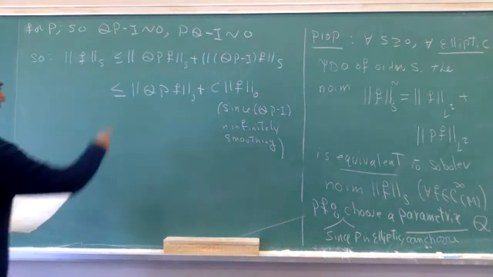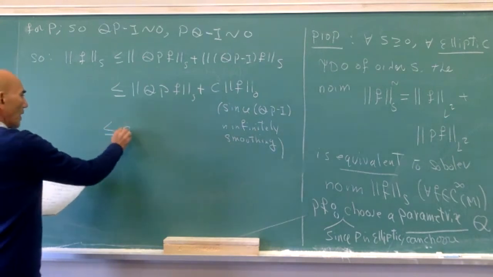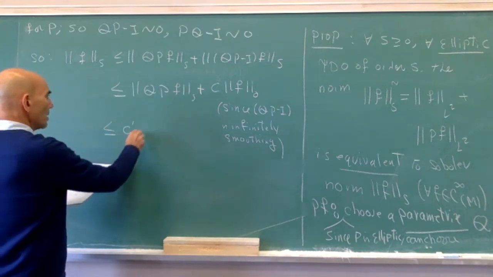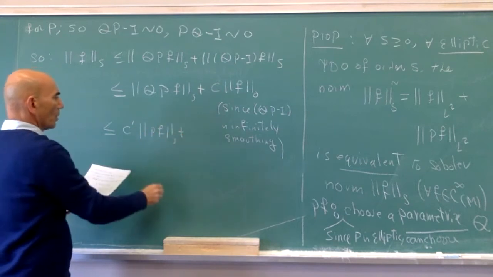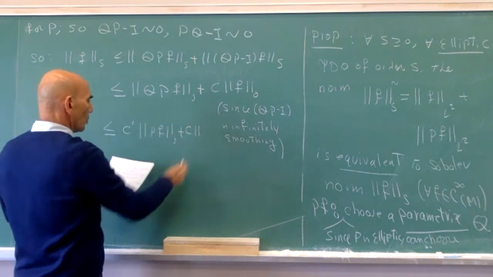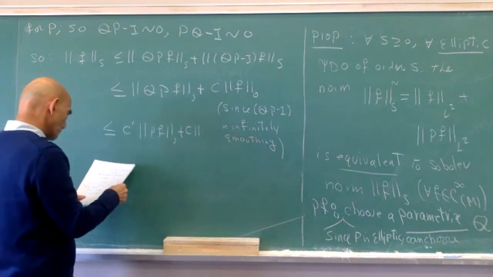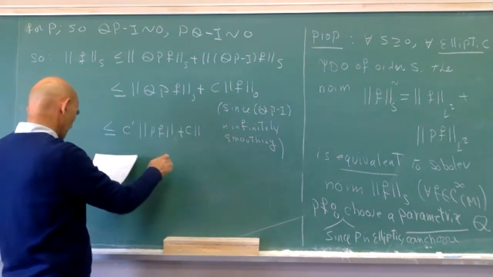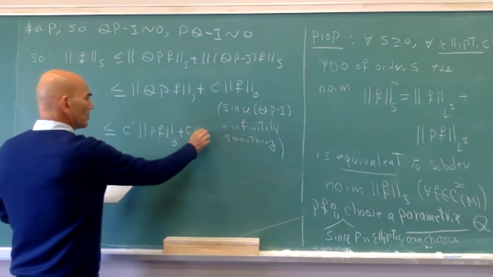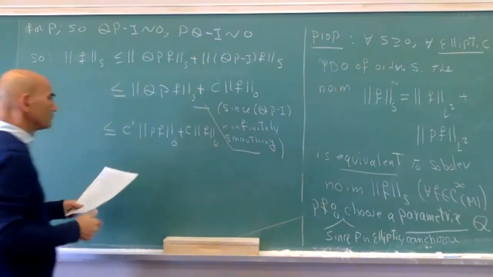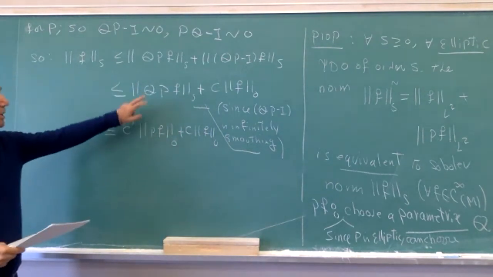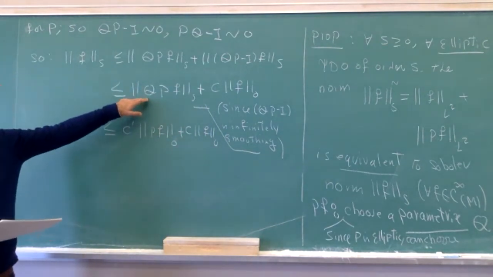So now this is less than or equal to some other constant C prime, norm of PF S plus C norm 0 of F. This is because Q is an operator of order minus S, right?